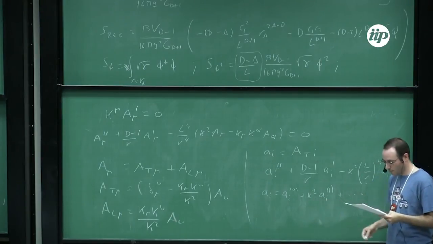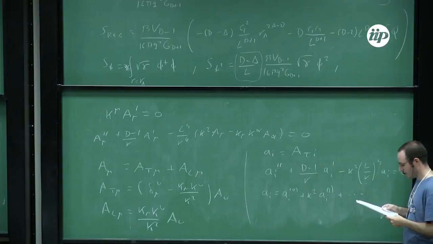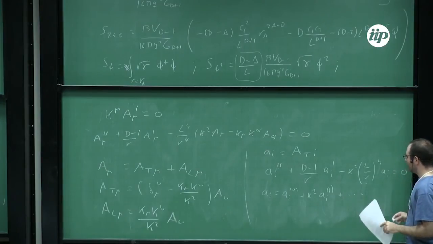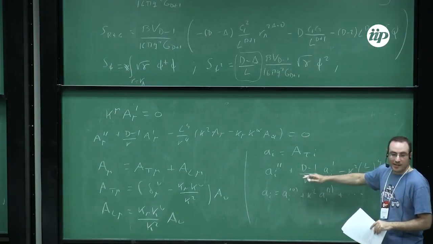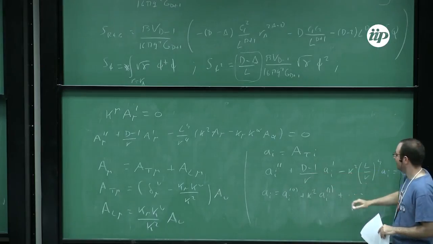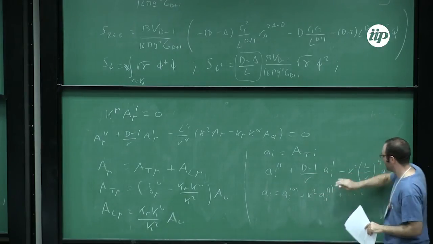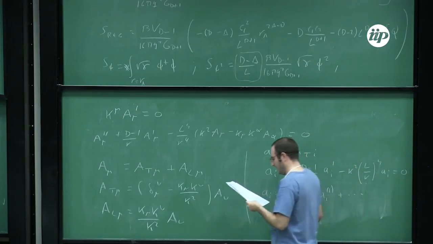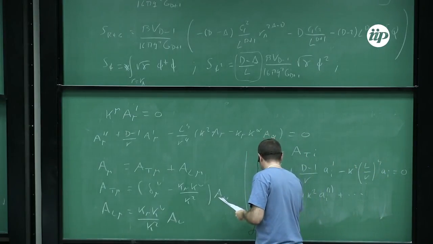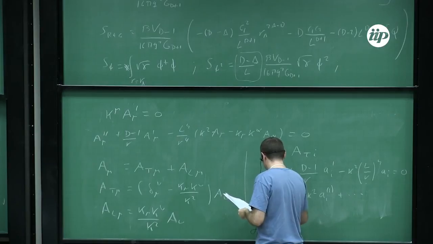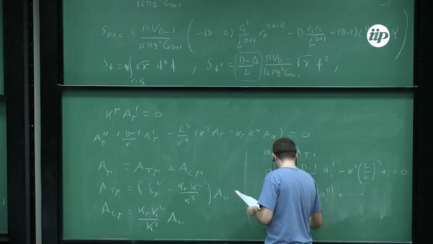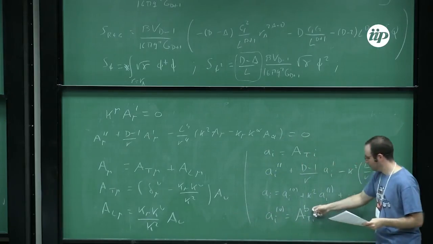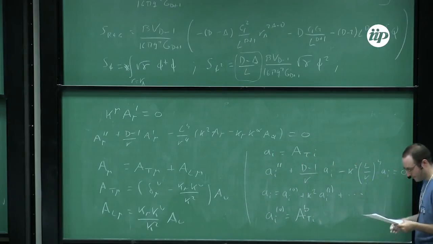You can expand in powers of k squared. So you plug this in this equation and then keep terms of the same order. So to order 0, this goes away. You just have this solution. And it has to satisfy the condition that there is no flux through the horizon. So this is just a constant, that I'm going to call B, the boundary value.